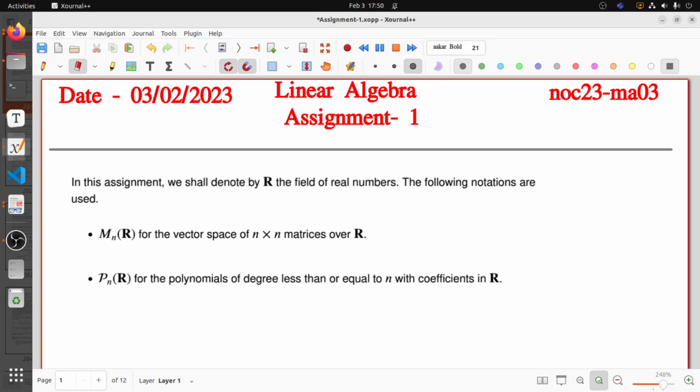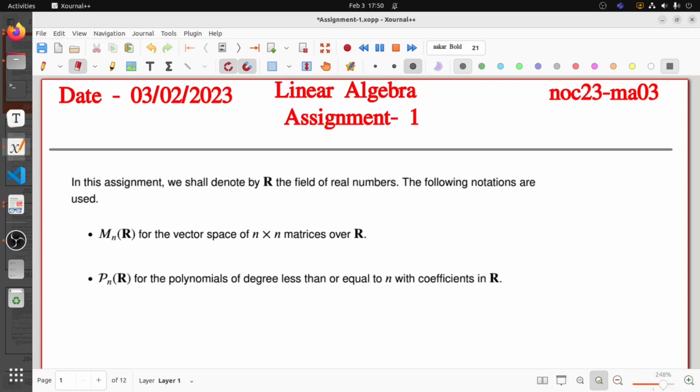So how is the addition defined over V? Suppose we take two numbers small u and small v from V. How to define this addition? u plus v is defined like u dot v.